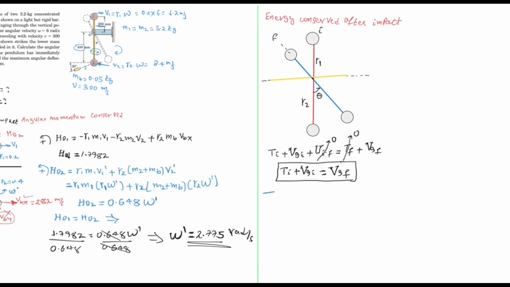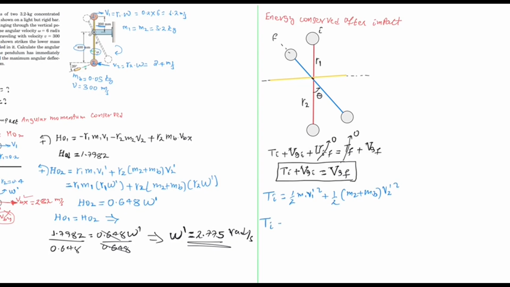Now Ti, the initial kinetic energy, is equal to half m1 v1 prime squared plus half m2 plus the mass of the bullet times v2 prime squared. Now let's insert the numerical values.